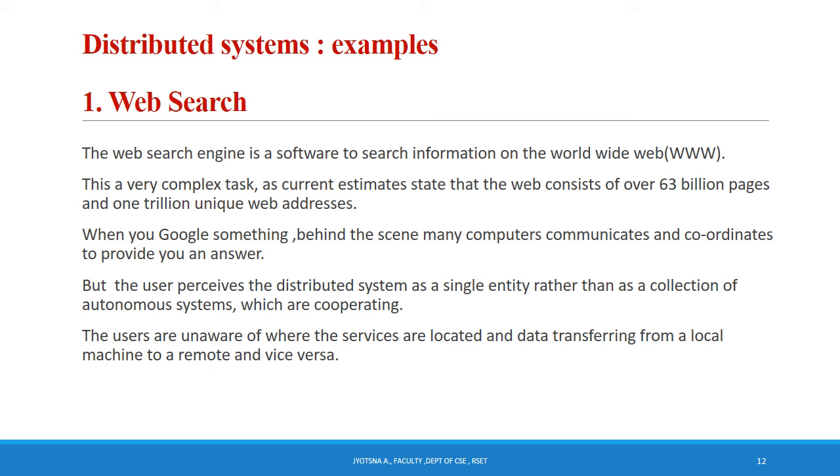But you are unaware of the collaborating systems behind the scenes. The users are unaware of where the services are located and of data transferring from a local machine to a remote one and vice versa. The distributed system hides this complexity from the user.